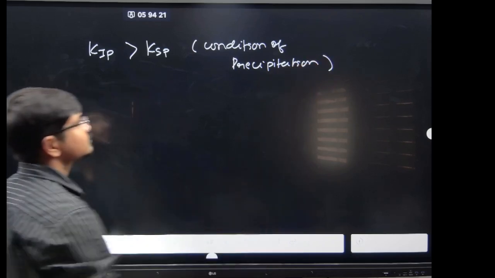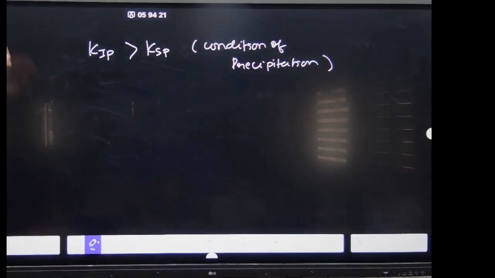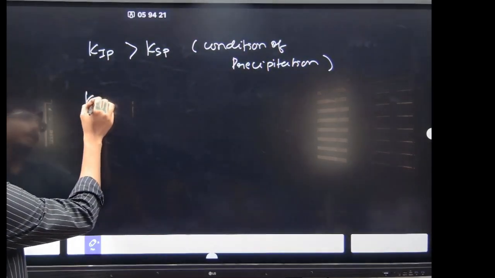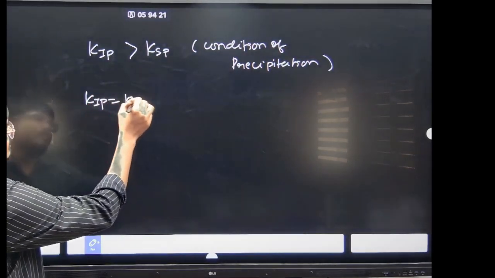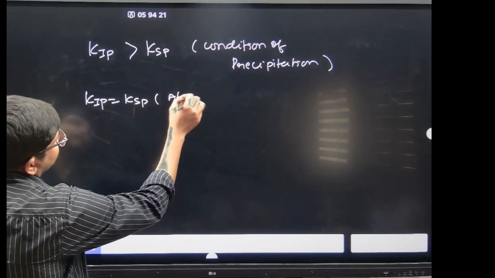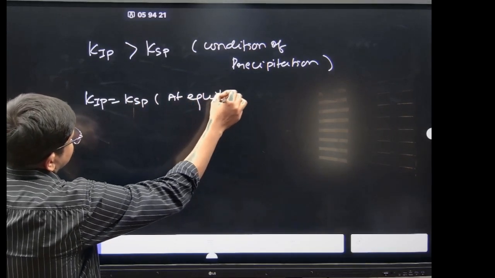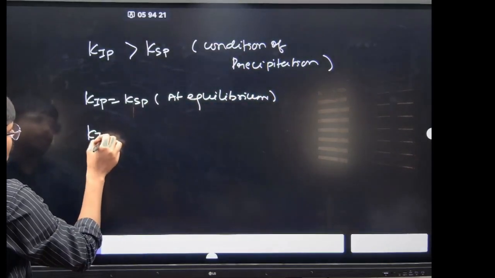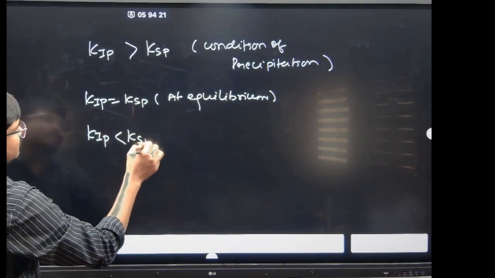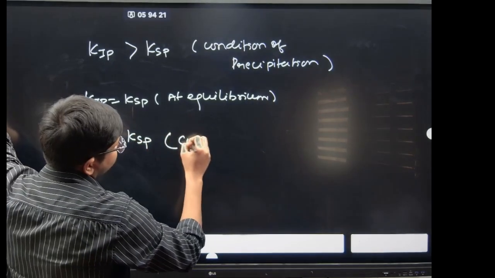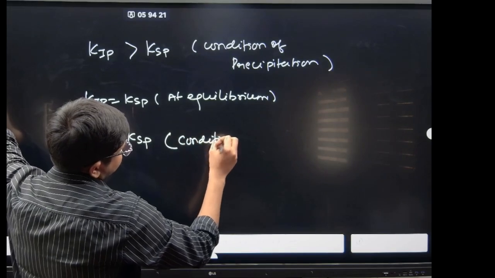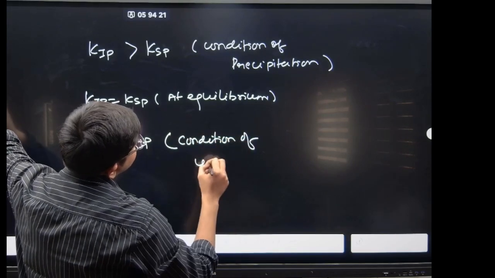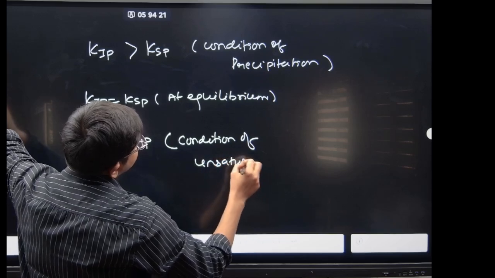Fine. Okay. If ionic product is equal to Ksp, it means the solution is at equilibrium. If Ksp is greater than the ionic product, it means a condition of unsaturation.